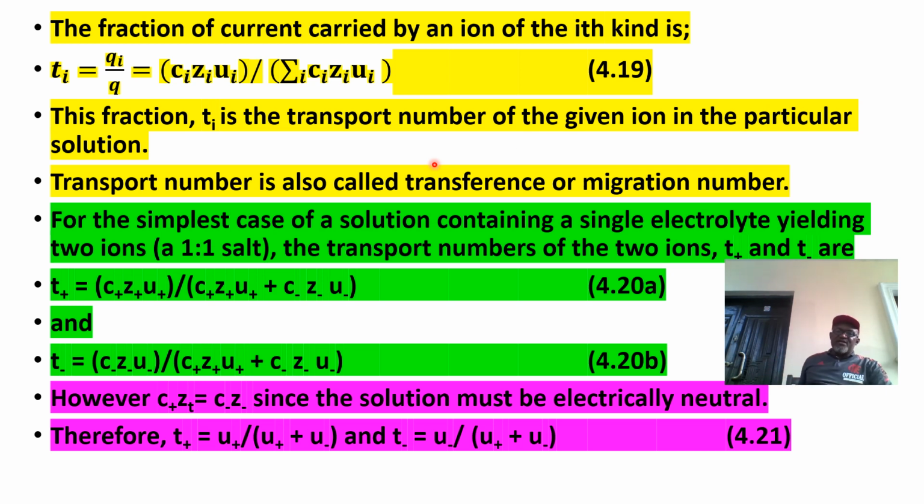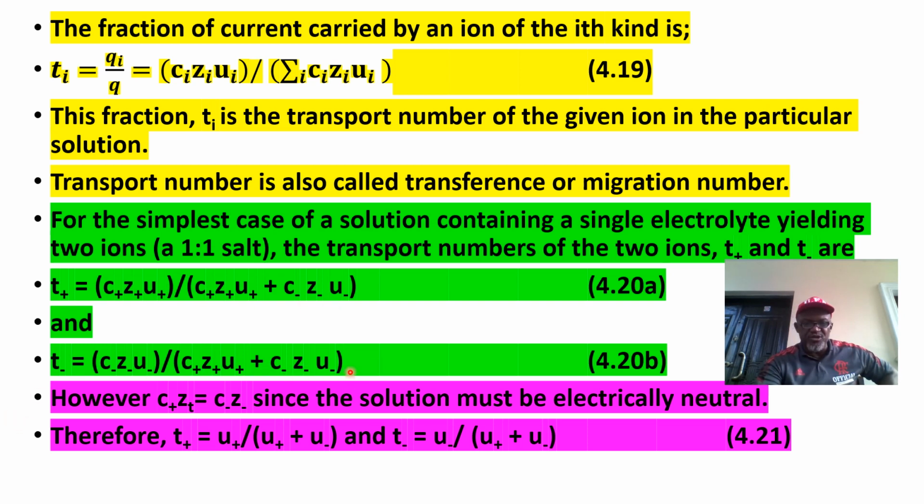Transport number is also called migration number or transference number. If you can transport or migrate from one point to the other, then there is something being transported.